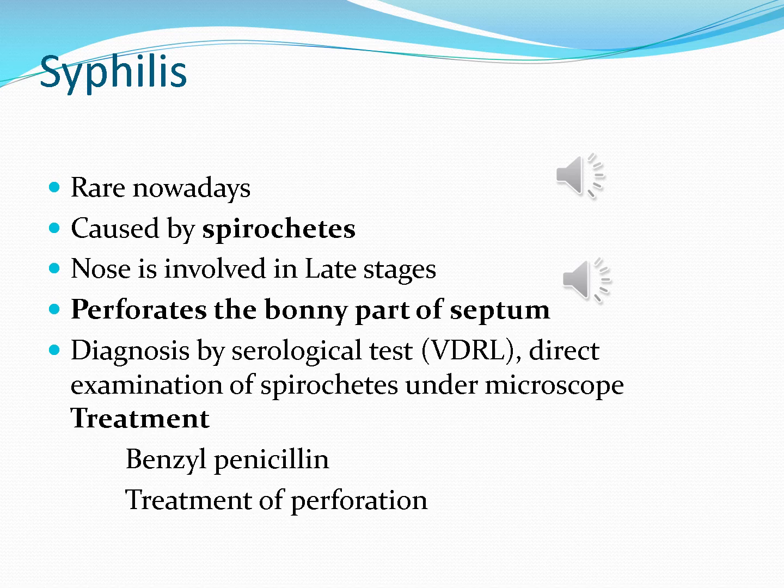Then on clinical examination you will see granulomas and infection inside the nose. That is the lesion caused by spirochetes. Then you can take culture sensitivity, and you can send a biopsy for this infection.